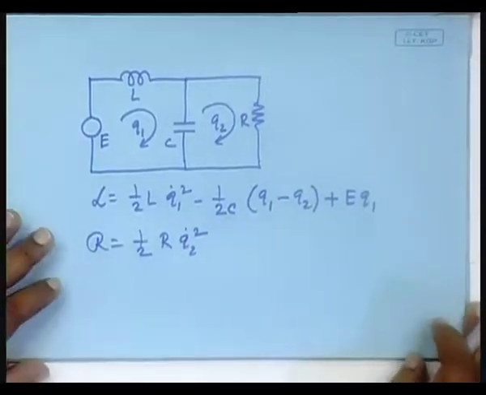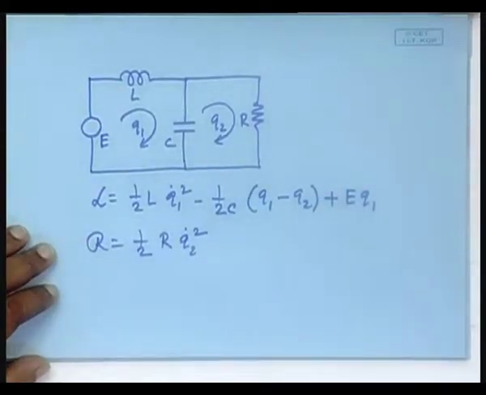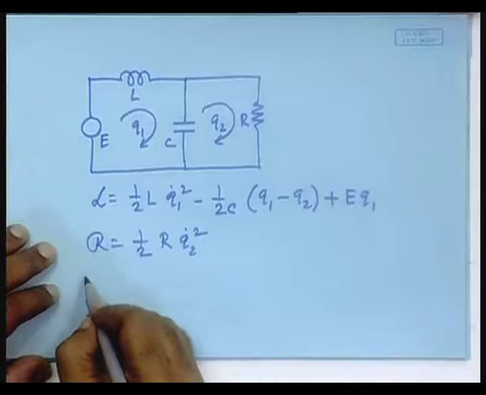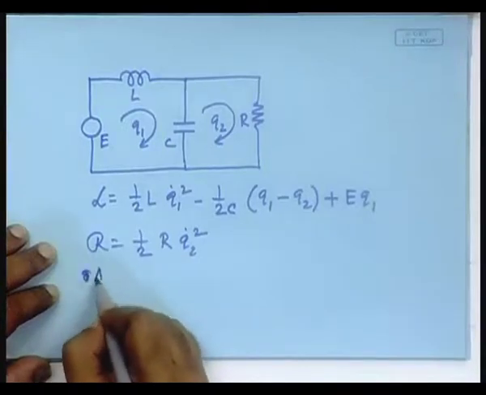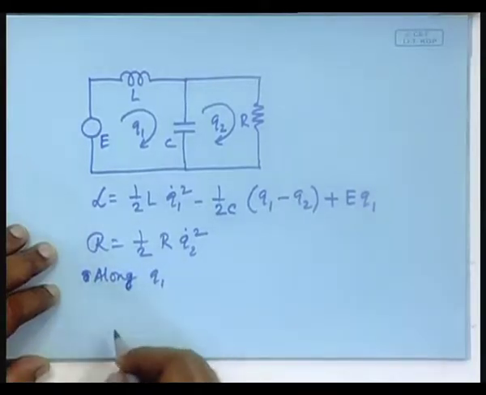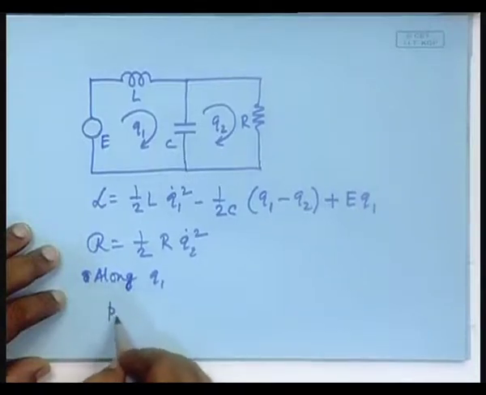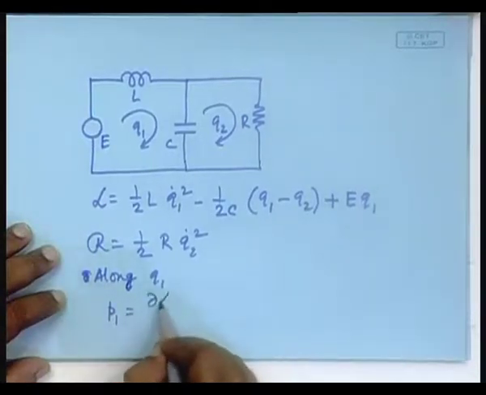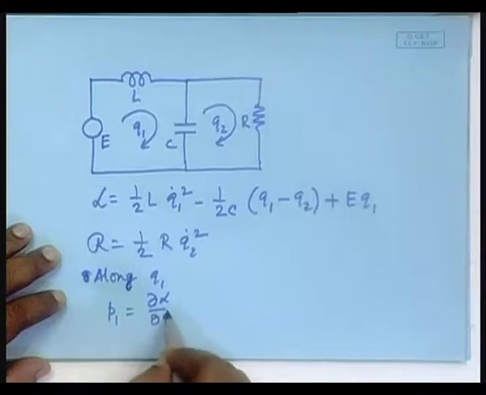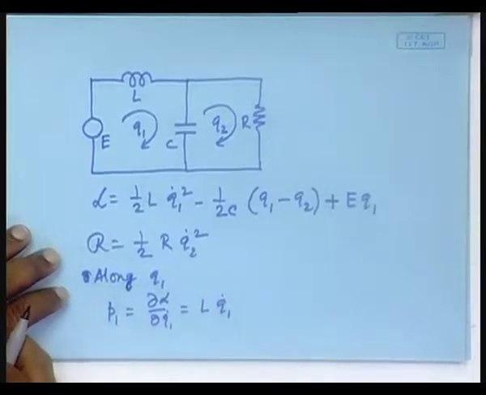Fine, no problem. So, we can directly go ahead. So, along Q1, the equation will be P1 is the derivative of the Lagrangian with respect to Q1 dot, then L Q1 dot, that is the P1.